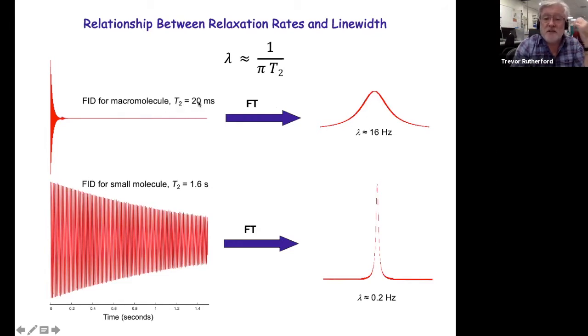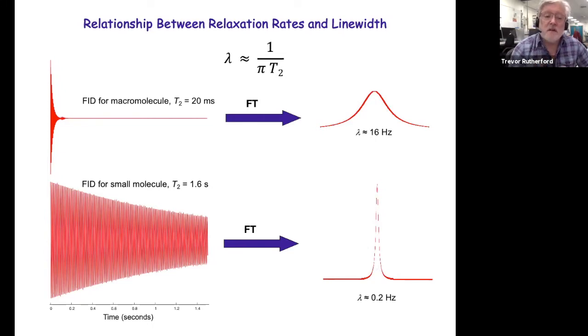So relaxation, the process at which this system returns to equilibrium following an excitation pulse, occurs very efficiently for slowly tumbling molecules. And if you do a Fourier transform with that, you'll get a broad line width. For a small molecule, where the signal lasts very much longer because relaxation is so much less efficient, you'll get a very much narrower line width.